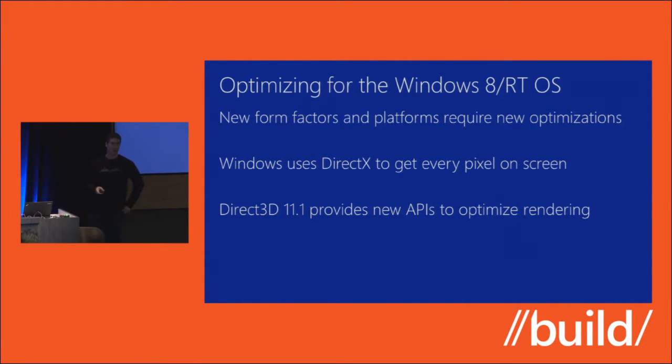WWA, XAML, and then DirectX C++. Finally, as I mentioned, Direct3D 11.1, the big area we focused on is adding new APIs to optimize for these power-efficient GPUs. We have both tiled and immediate renderers now on the platform in significant numbers, and it's important to know how to optimize for each type of GPU.